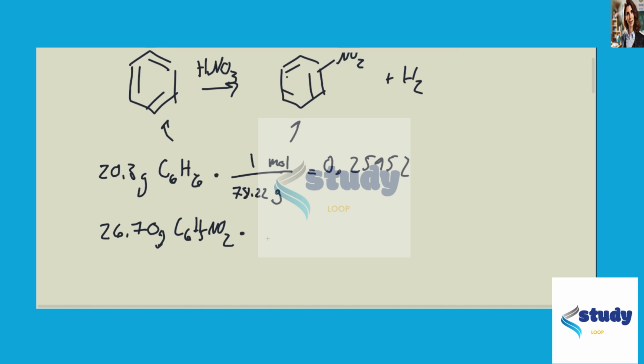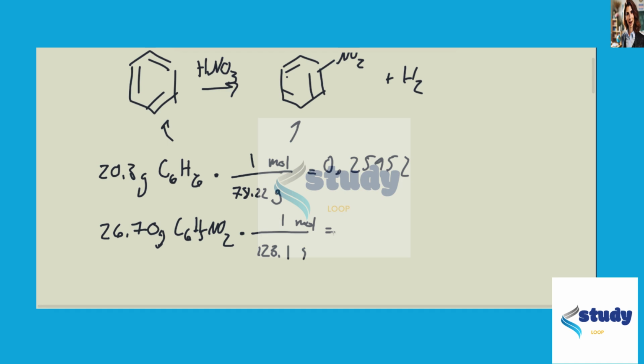And we're going to do the same thing. We need to multiply by a factor that's equivalent to 1 with grams on the bottom and moles on top. Right? And that's the molecular weight. What's the molecular weight of nitrobenzene? It's 123.1 grams per mole. Okay.